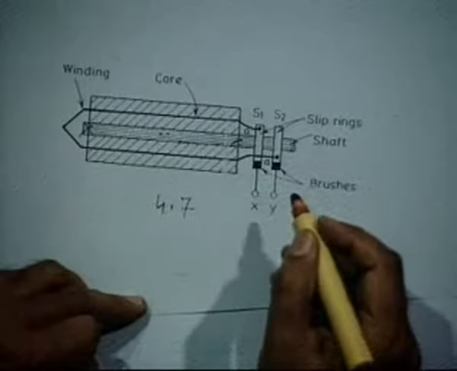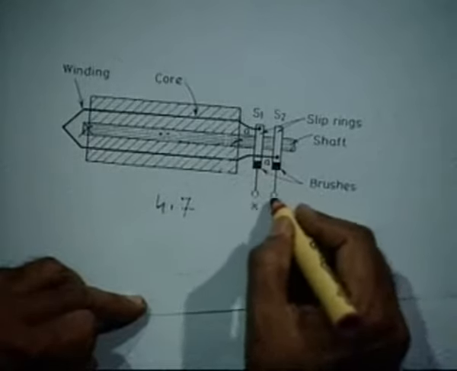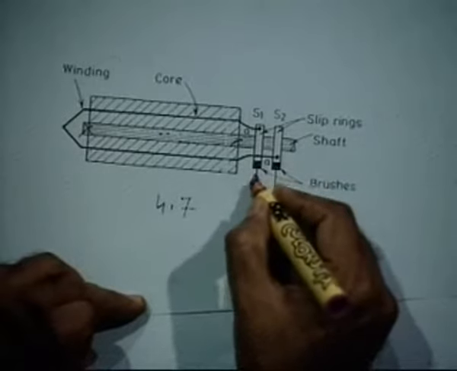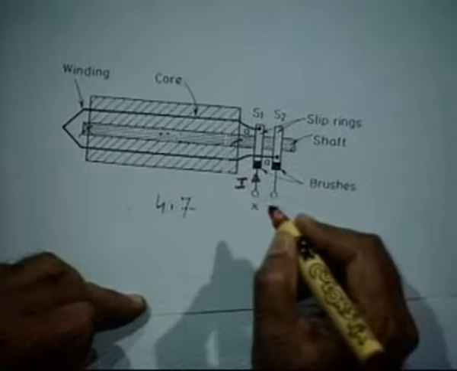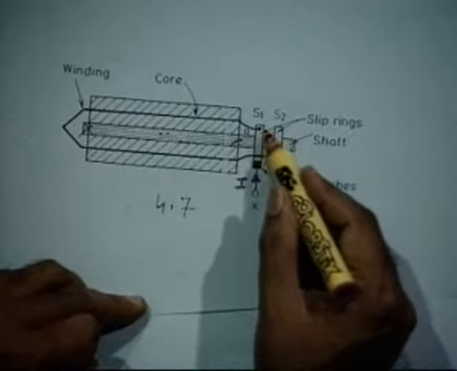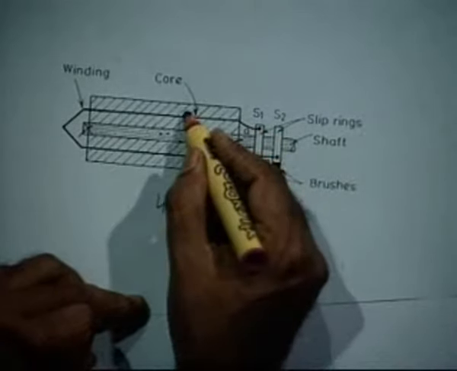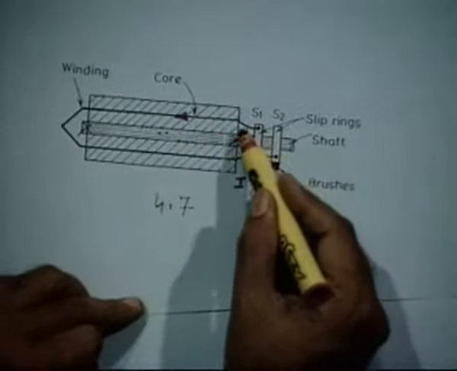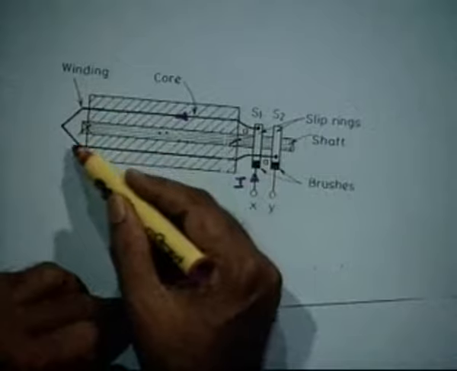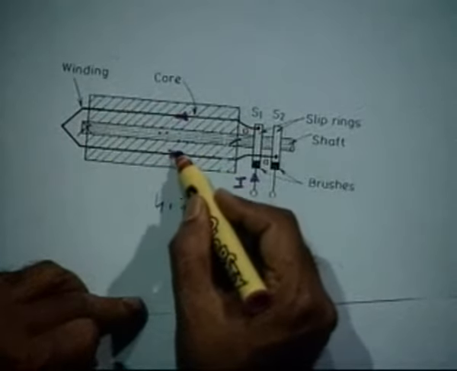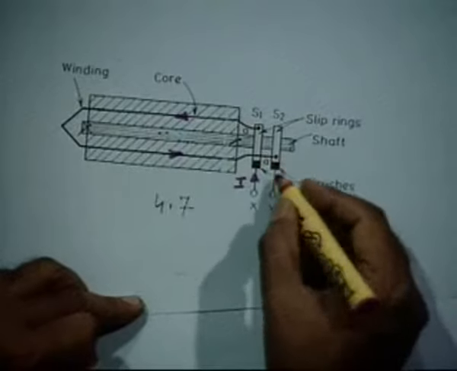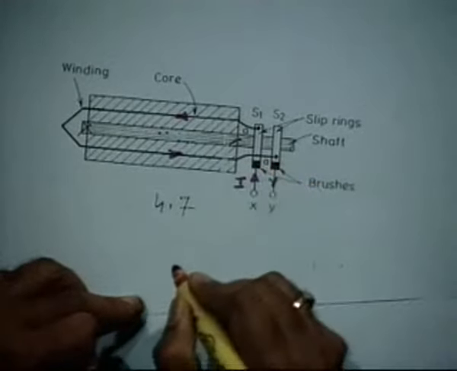Now you will notice that from the brush you have the access points X and Y. Supposing I pass a current I here, it will pass through slip ring S1 and then go into the coil inside and come out through the other conductor or coil side and come out through the other slip ring which is connected here.